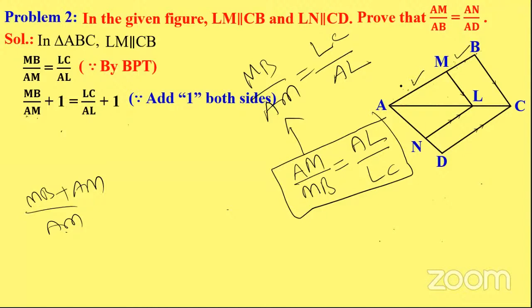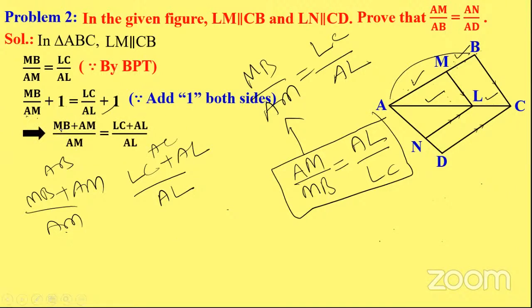By adding these two, the total length is AB. The denominator will be the same. Next, LC: AL is the LCM. AL divided by AL is 1, 1 into LC, LC plus AL into 1, AL. This is AL, this is LC. Their addition is AC. That we will write very clearly.